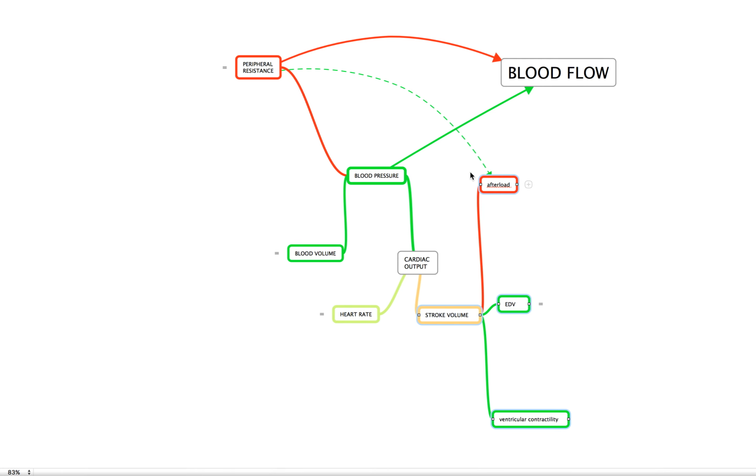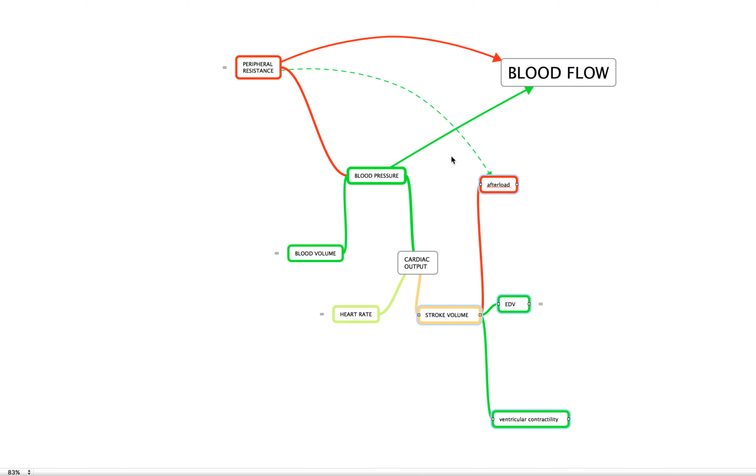So we said that afterload was the pressure that the ventricles are pushing against. And afterload has directly to do with how much pressure is in the arteries. So, for instance, if you vasoconstricted or constricted your aorta, you would increase afterload, and then at the same pressure, not as much blood would leave the heart.